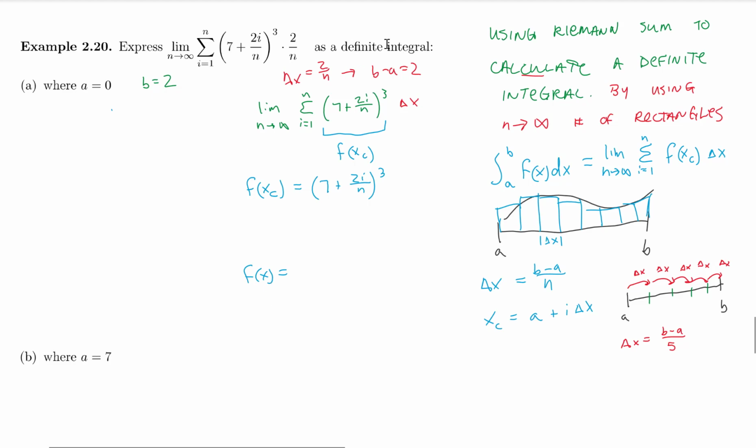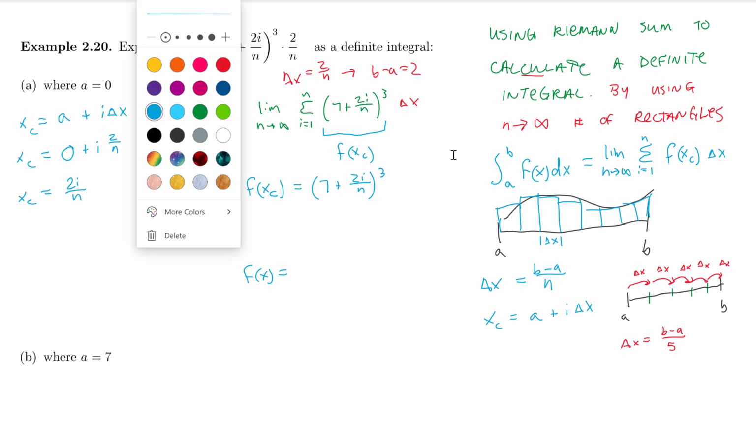What is the function that is the integrand of my definite integral? I'm going to need to go back and calculate my x sub c value. Remember, x sub c is a plus i delta x. So in this case, x sub c is equal to 0 plus i times 2 over n, or x sub c is equal to 2i over n.